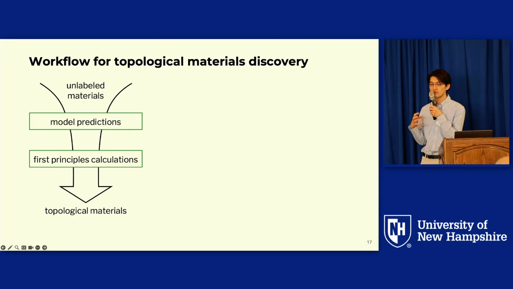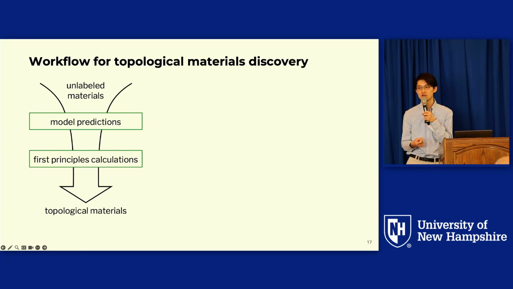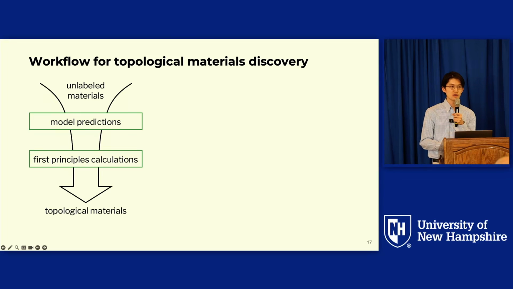To do this, we curate an unlabeled data set that has the property that the materials in this set would, if they do turn out to be topological, we would expect them to be the kind of material that's not detectable by symmetry indicators. Then we use our model to do screening, and if the model is very confident that the material is topological, in the sense that the weighted average of topologivities is above 1, we then perform first principles calculations to validate the prediction.